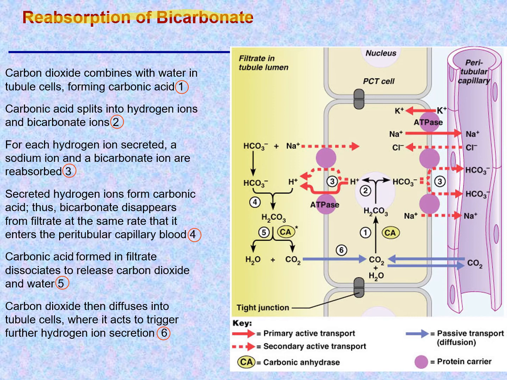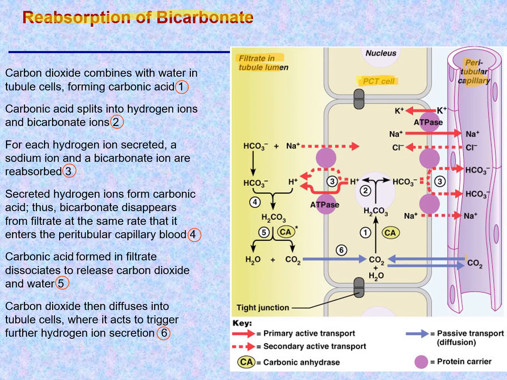What you have is carbon dioxide going into the cells, in the proximal convoluted tubule. On this side we have the filtrate fluid in the tubule. Here you have the proximal convoluted tubule cell right along the wall of that tubule, and here you have the peritubular capillary.